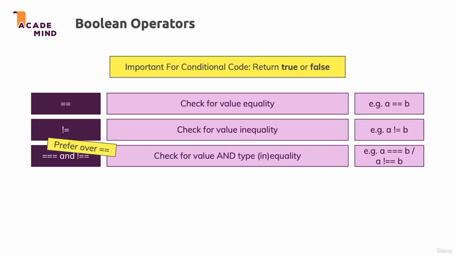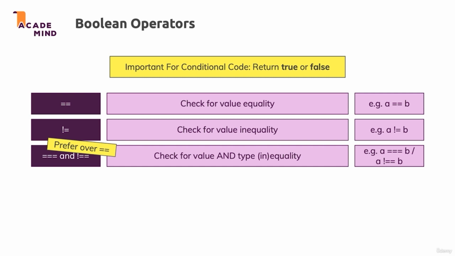For example, if you're checking some user input and you're comparing it, whether it's equal to some number, well, you should first convert the user input to a number so that you can use the triple equal sign operator. It makes your intentions clearer, and it also avoids cases where a user might not enter a number at all.